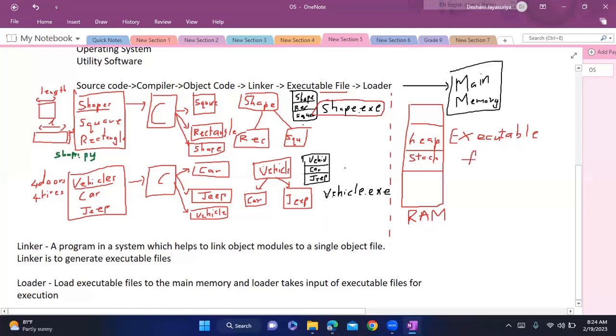So here it is shape.exe, and this file will be loaded to the RAM. All executable files are getting loaded to RAM, nothing else. That's how execution happens.